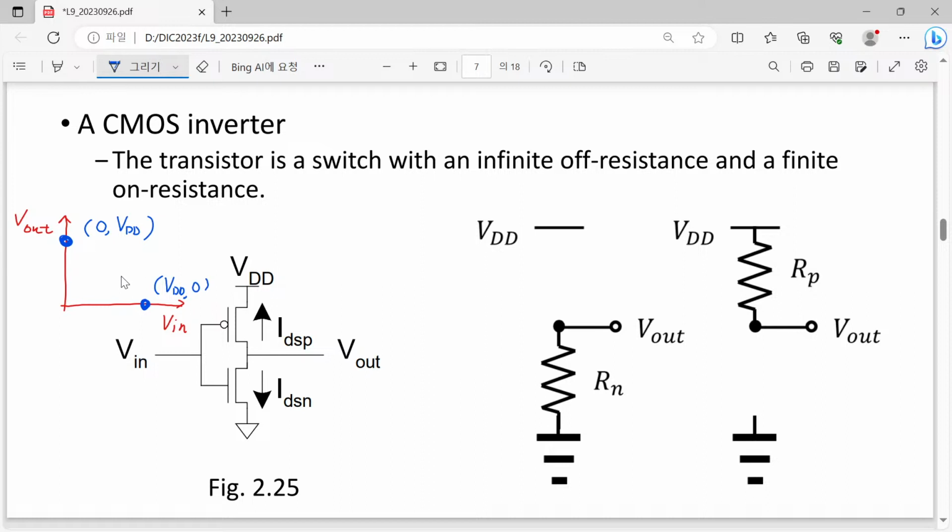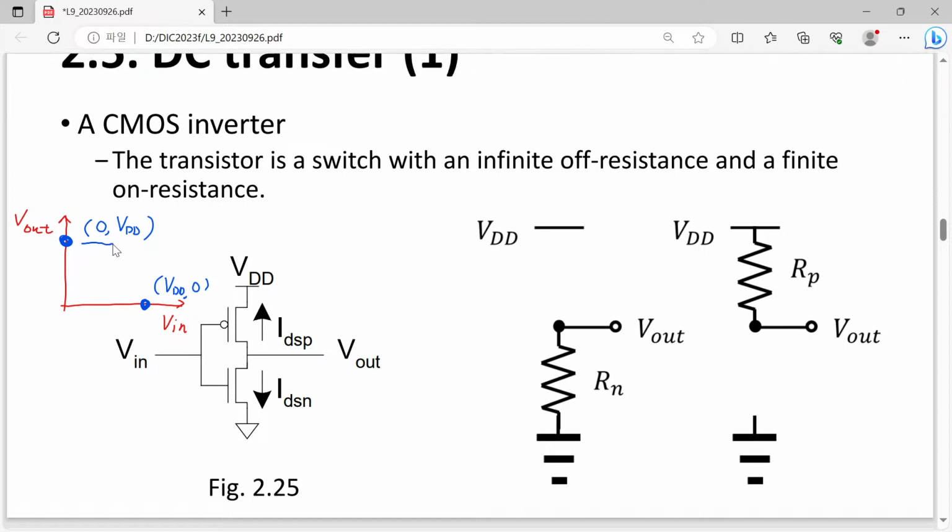Then my question is, how about the curve in between? Does it look like this, or does it look like this? How about the voltage transfer curve? This curve is usually called the voltage transfer curve, and we want to discuss its shape.